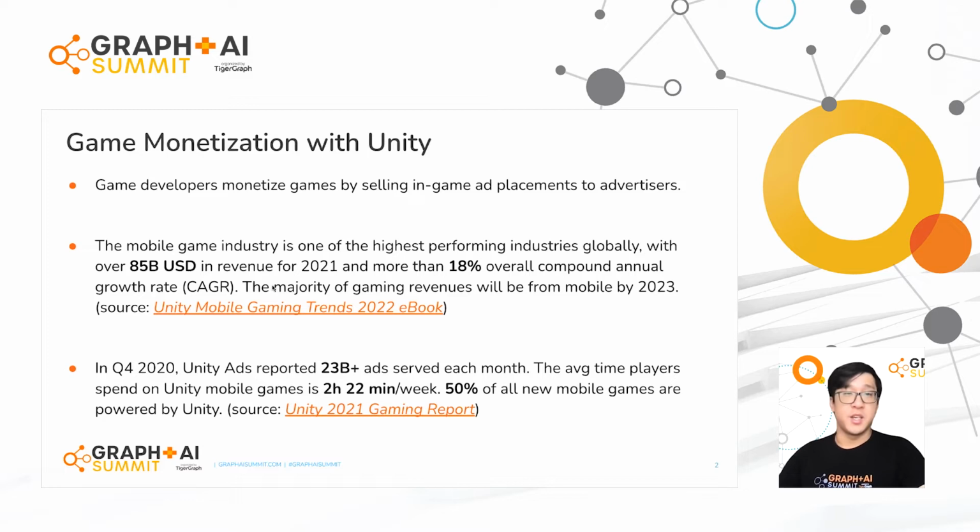For Unity, in Q4 2020, Unity Ads reported 23 billion plus ads served each month. The average time players spend on Unity mobile games is 2 hours and 22 minutes per week. And more than 50% of all new mobile games are powered by Unity. So it's a prosperous industry nowadays.